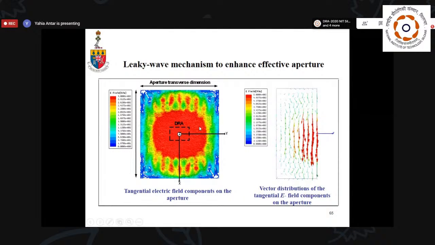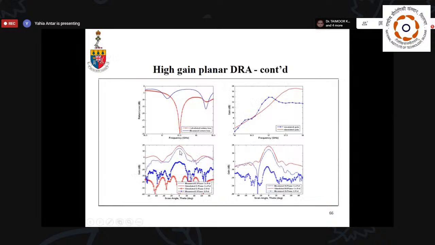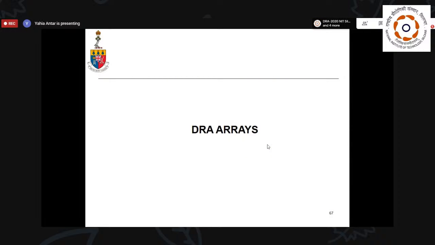And this is basically the field around, and you extended the aperture. If you extend the aperture, you're actually going to have a high gain, and this gives you the gain and the performance of this antenna. So using DRA in this or in similar situations could actually provide you with an easy way to design high gain antennas and so on.